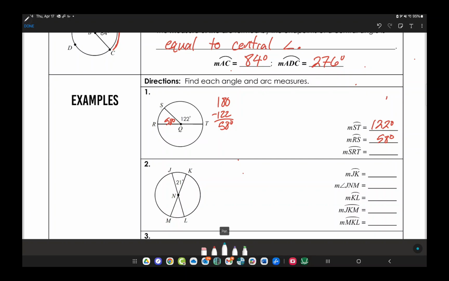For SRT, we are starting at S, going to R, and passing all the way to T. So that's how we find that arc. That is 180 plus 58, or you can just do 360 minus 122, and that would give you 238.